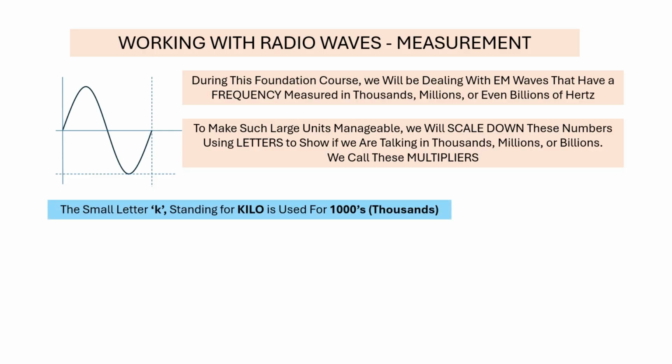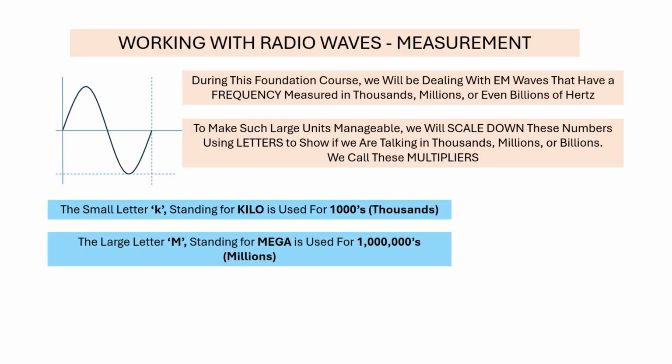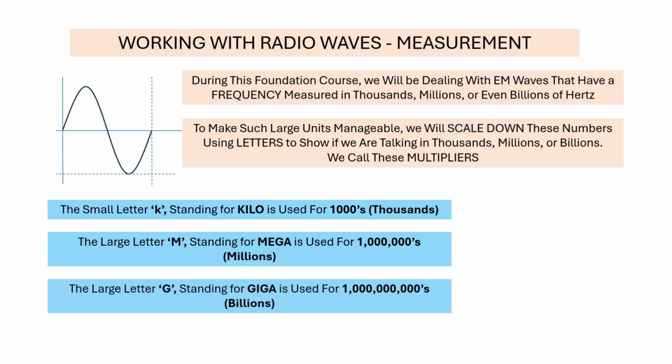A small letter k standing for kilo means we must multiply the written value by 1000. The capital letter M for mega is used to show the number is to be multiplied by 1 million. And the capital letter G for giga is used to tell us to multiply the number by 1 billion.